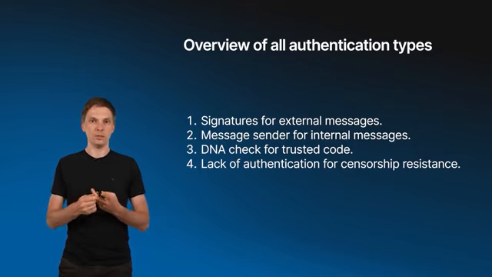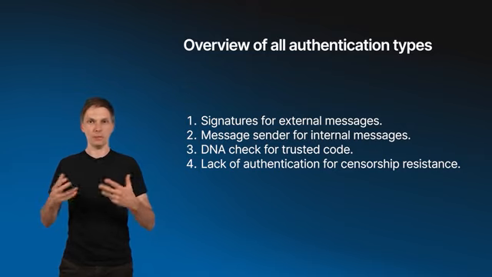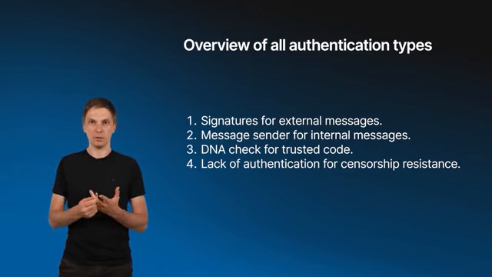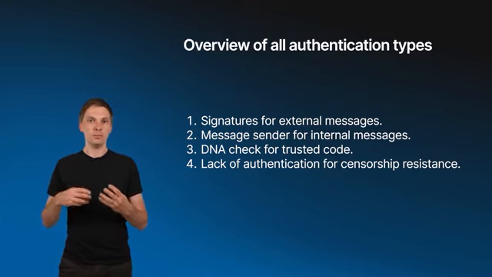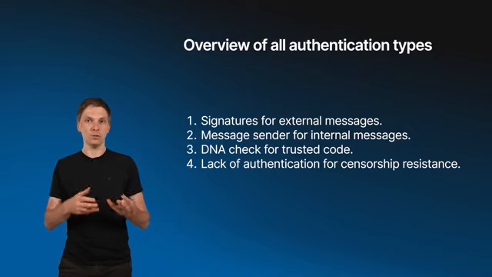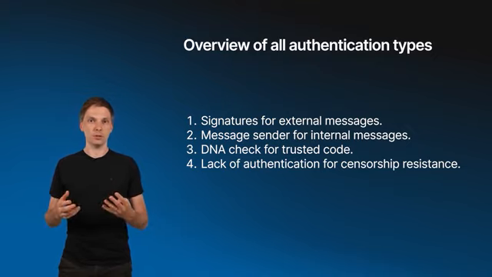And this is a more recommended way for complicated contract setups because it's more composable. The third type of authentication is the DNA check, where you compute the necessary message sender address on the fly by referring to the code or data that you trust. And finally, there is lack of authentication at all to provide censorship resistance to your application.